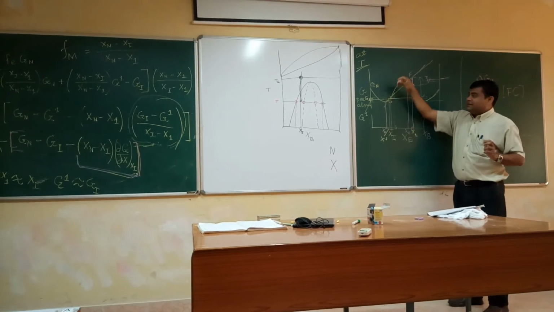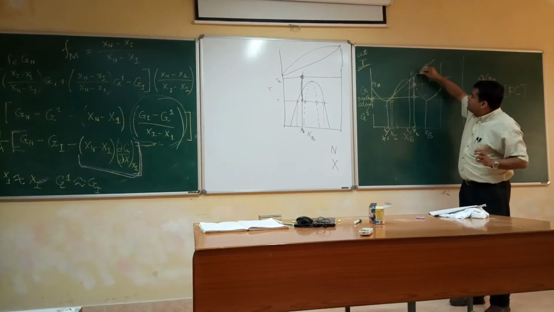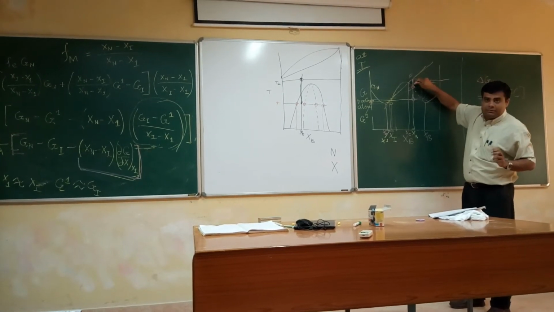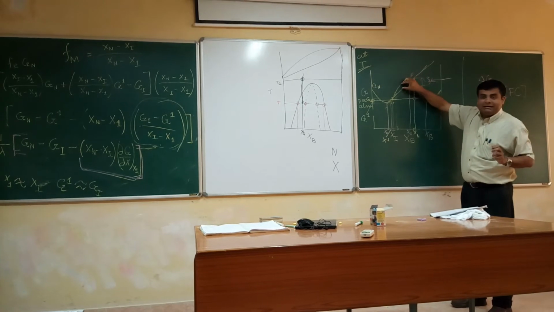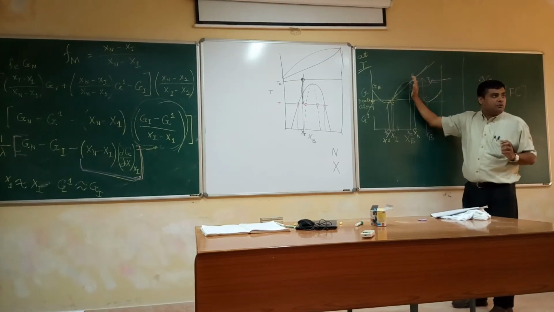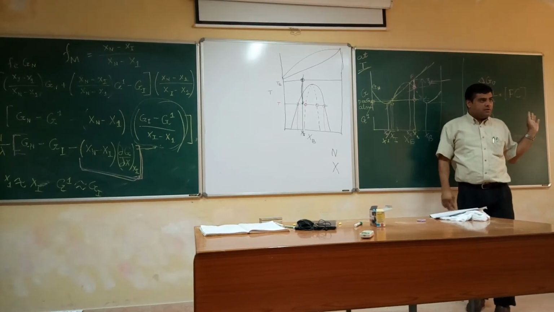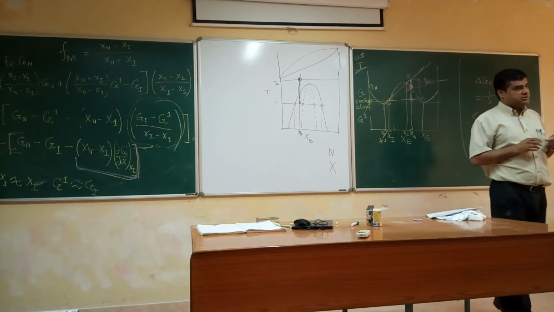Before XC, this distance from here to here is negative, so that changes sign. So only above XC composition, delta GV is negative. Below XC, delta GV is positive.